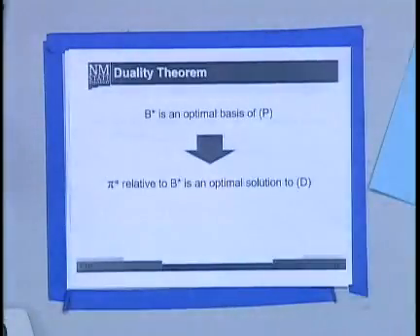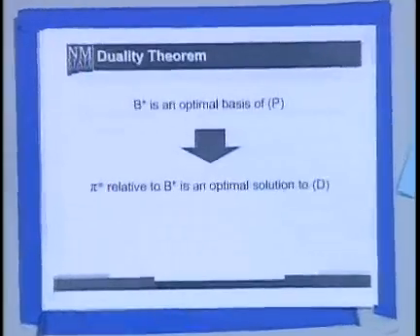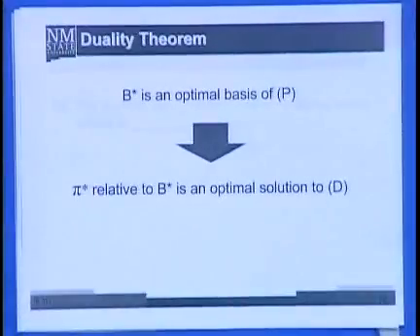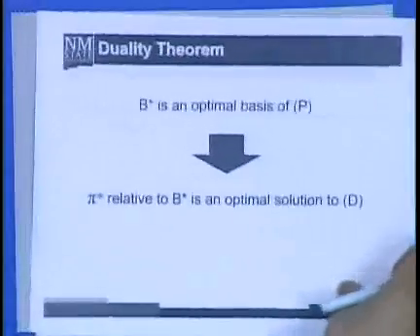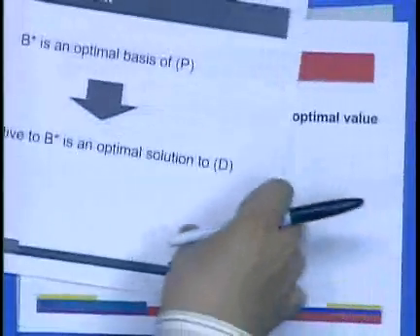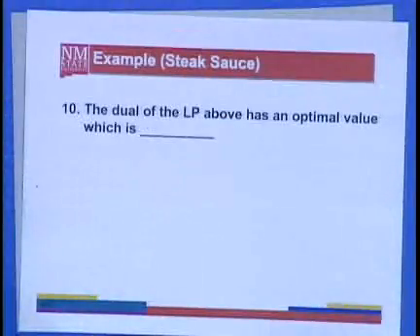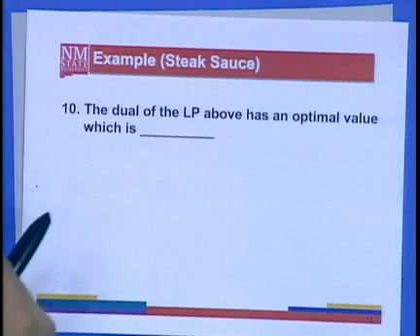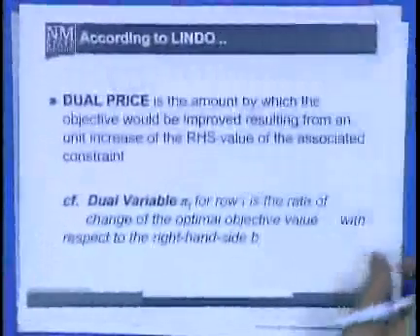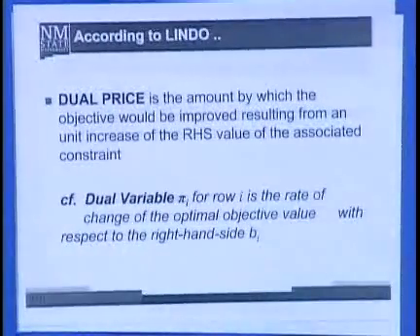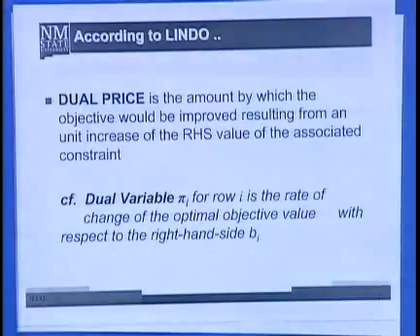The duality theorem tells us the simplex multiplier vector pi provides an optimal solution to the other problem, right? And Lindo provides dual price instead of dual variable, right?